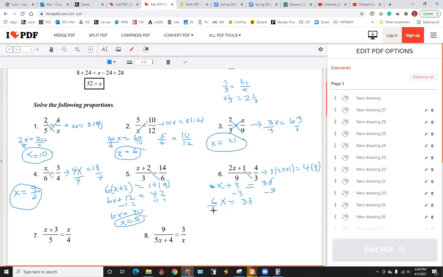What happens if you divide both sides by 6? You can divide both of them by 3, so that's 11 halves, right? 3 goes into 33 11 times and into 6 twice.